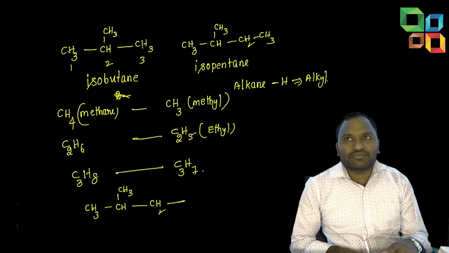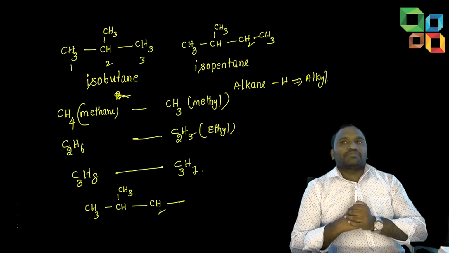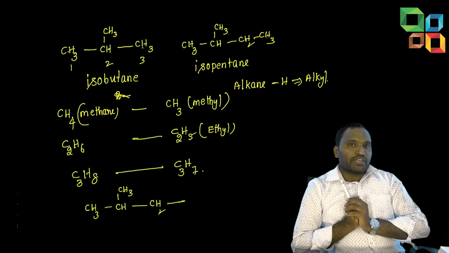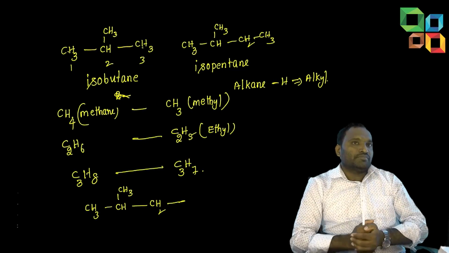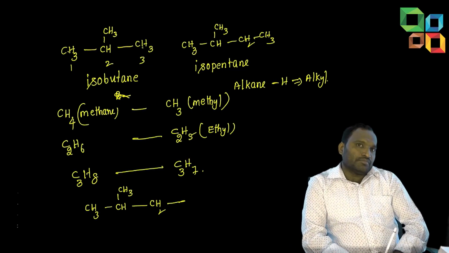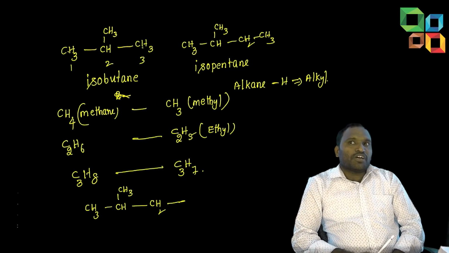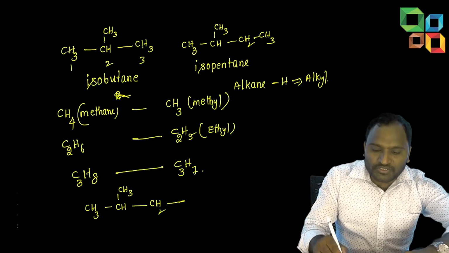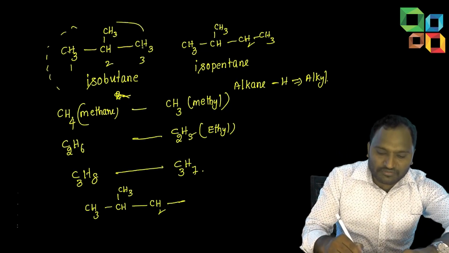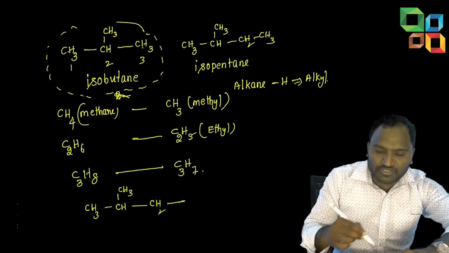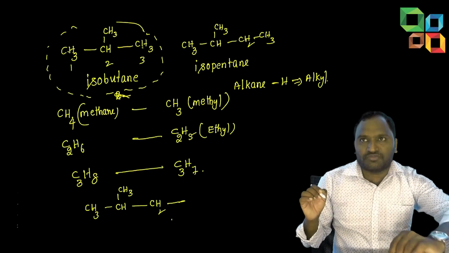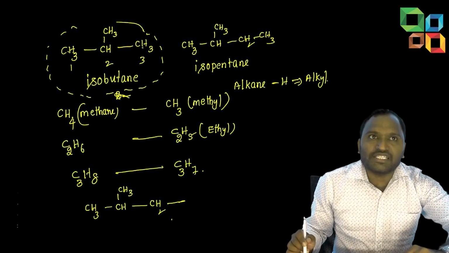What is the name of this compound group? Isopentane. Iso. Pentane. How many carbon atoms are there, Chinmay? 4 carbon atoms are there. Then how can you say isopentane? Above one, you just observe this one. What is the name of this compound, students? Isobutane. From isobutane to this one, what is the difference? Very nice.